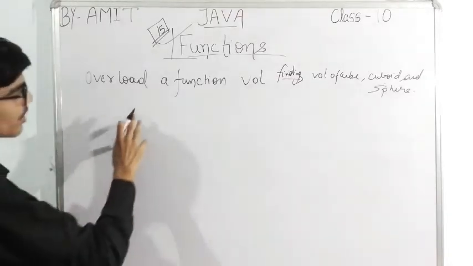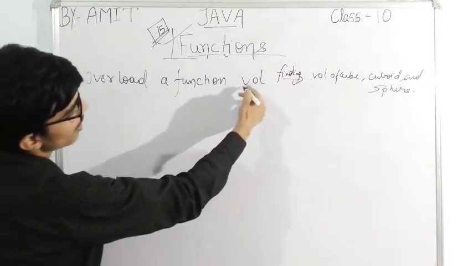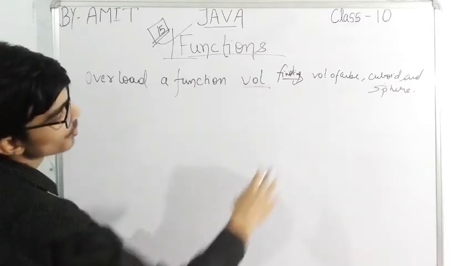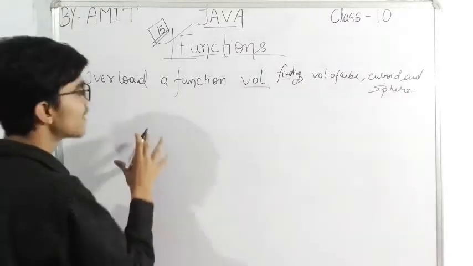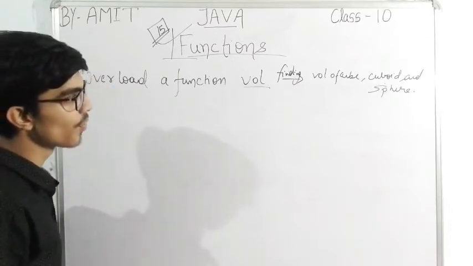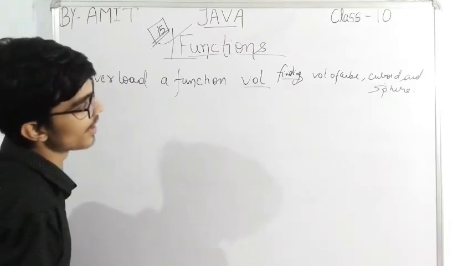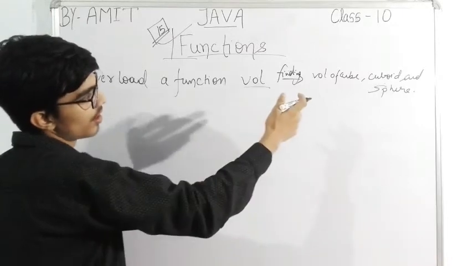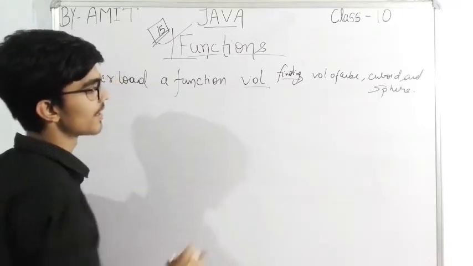We have a question: overload a function vol for finding the volume of a cube, cuboid, and sphere. This I have written in short. The question is: write a program to overload a function vol and find and print the volume of cube, cuboid, and sphere.